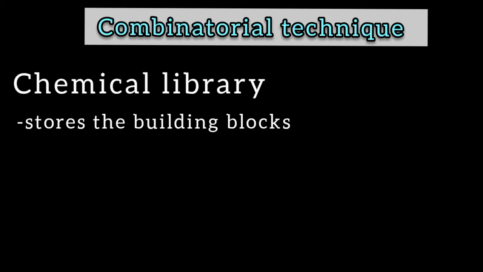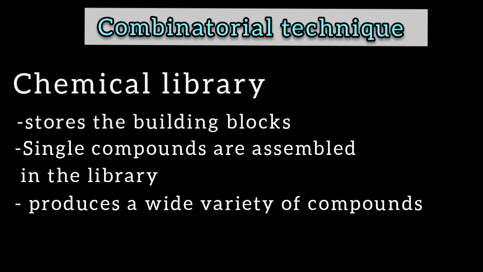These building blocks, which can be small compounds or single compounds, are stored or assembled in the chemical library, and this chemical library is used to produce and generate a large array of diverse compounds as it assembles them.